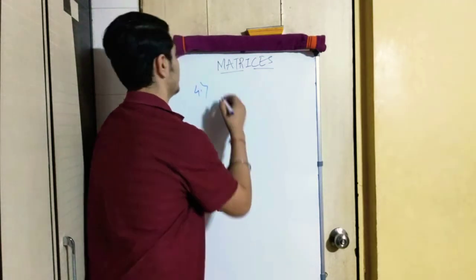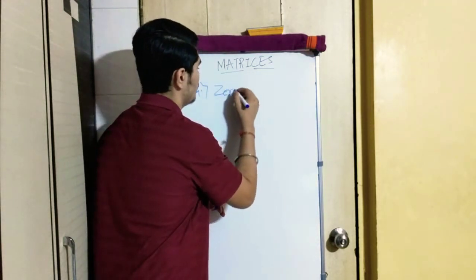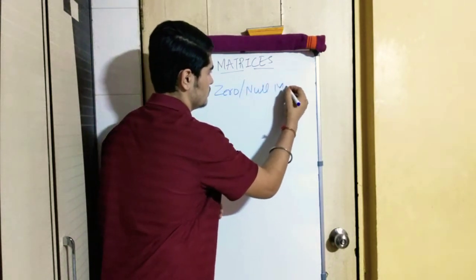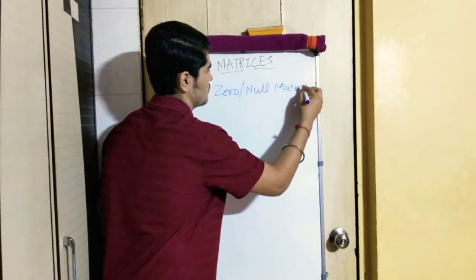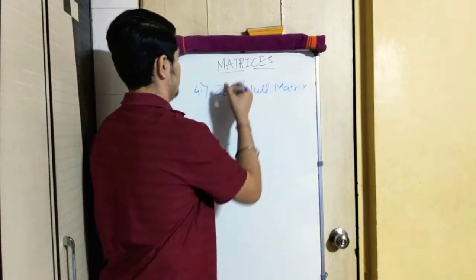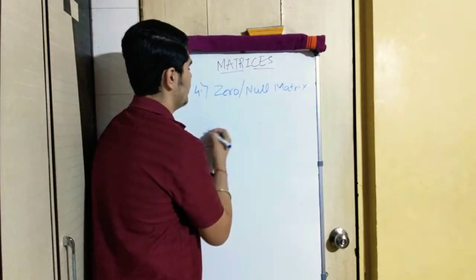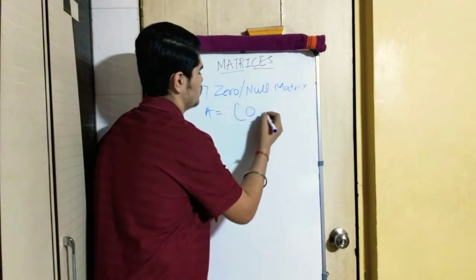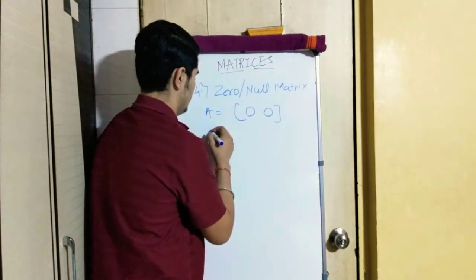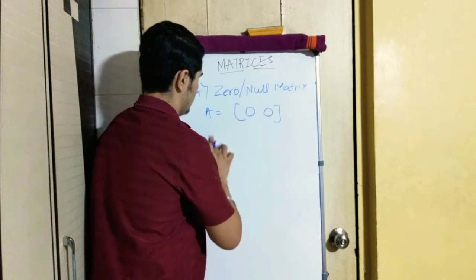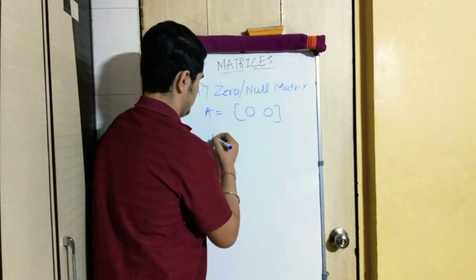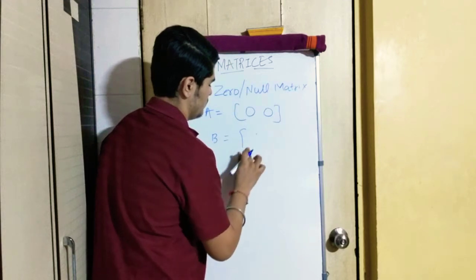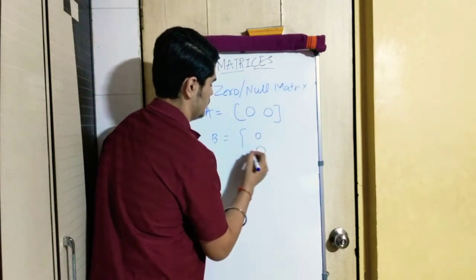The fourth one is zero or null matrix. A zero or null matrix can be anything. For example, A is equal to 0, 0, or B is equal to 0, 0.